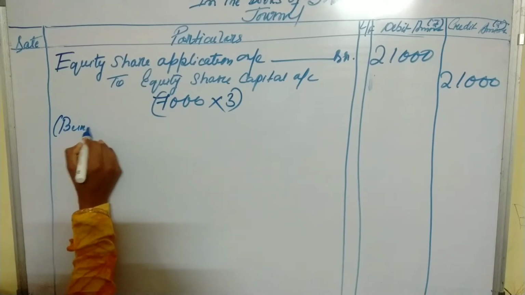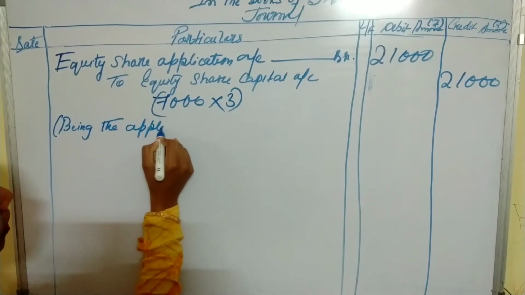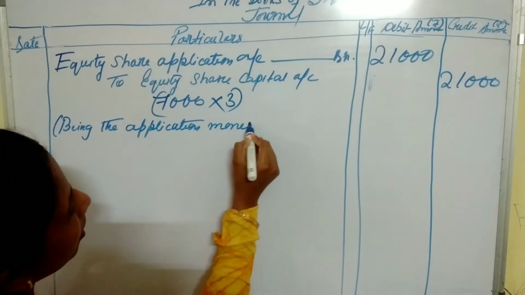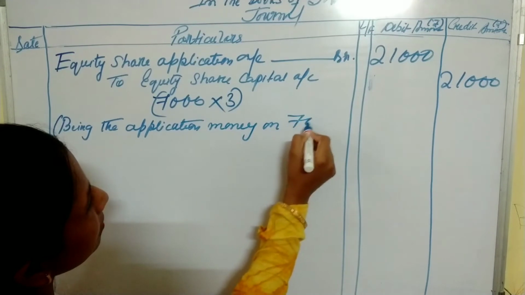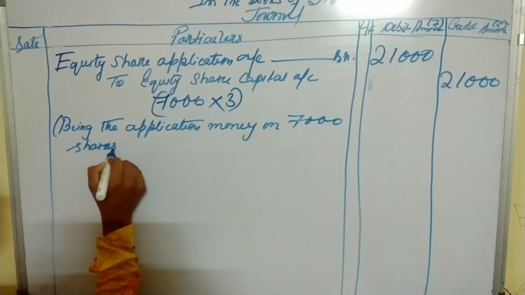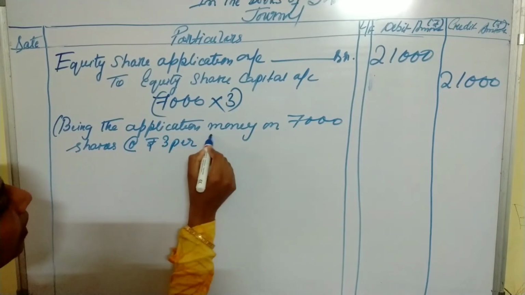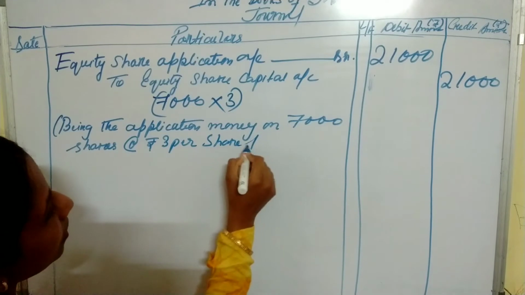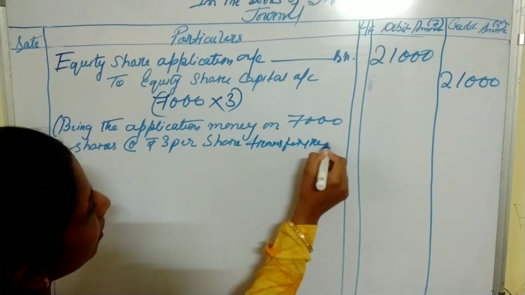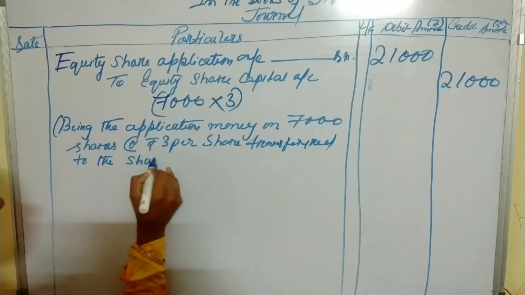Being the application money on 7,000 shares at the rate of rupees 3 per share transferred to the share capital account.